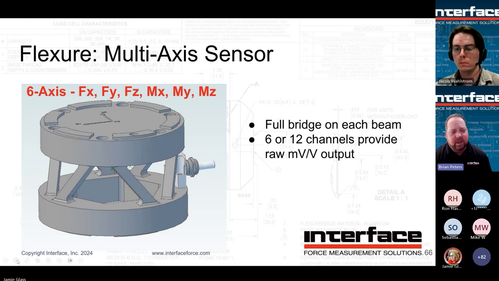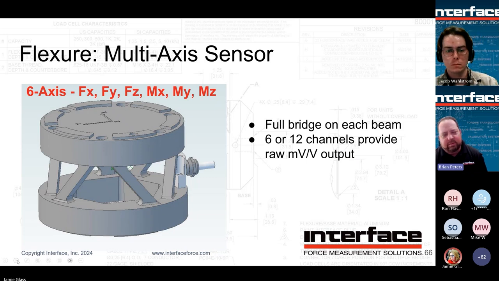And the reason for that is internally there's various beams that's pretty representative there in this drawing here of what it looks like. Often called a Stewart platform or a hexapod, but each one of those beams will have strain gauges on it, will have a bridge on it. But it's not necessarily designed that each one of those beams is going to measure and provide the output for those different axes you're looking for, right?